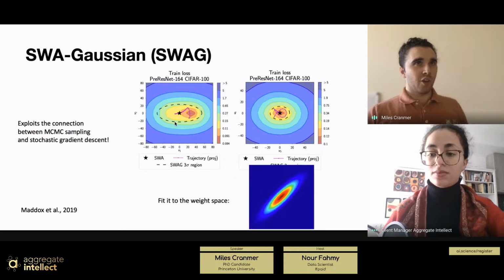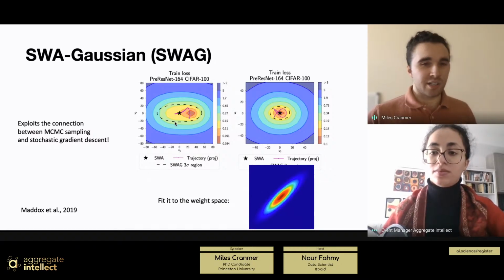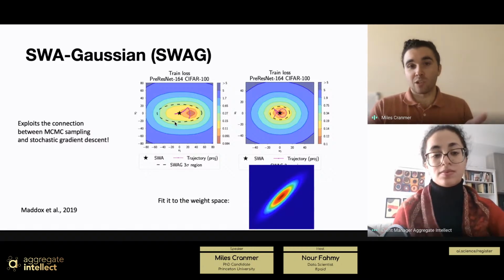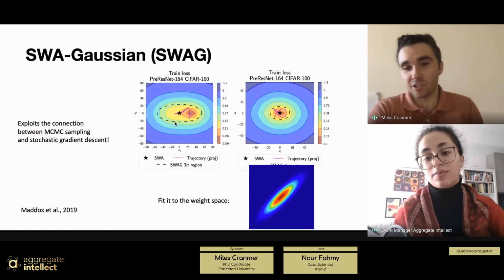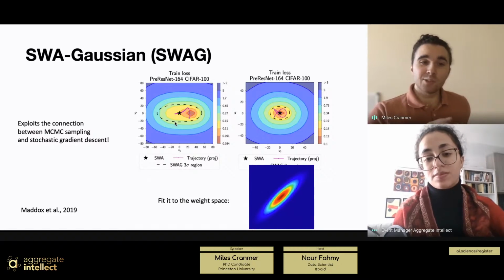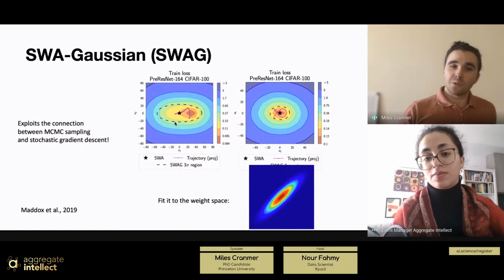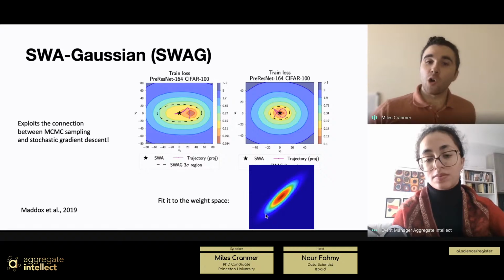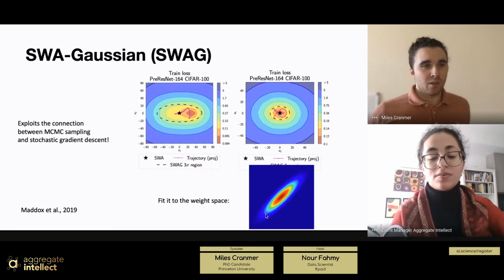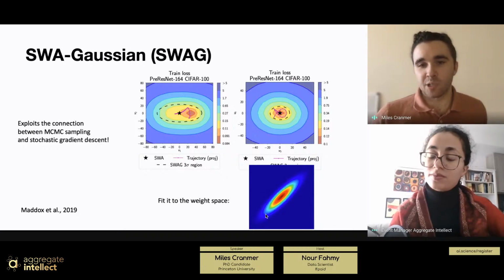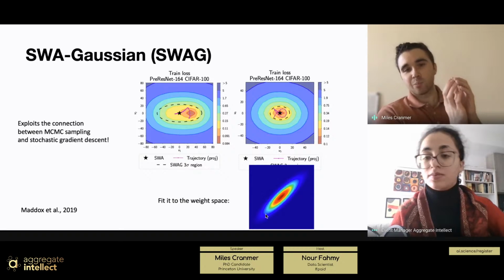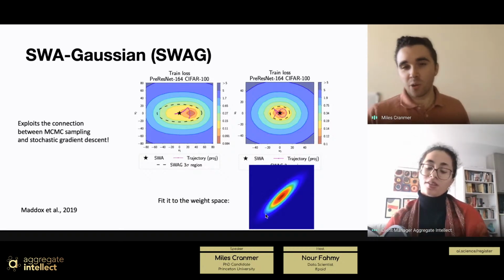Another concern is that this is going to be a huge amount of memory usage if you record like 100 new parameters for every single parameter. But the trick they use in this paper, which is really nice, is you fit a low rank Gaussian. It's a Gaussian with few parameters to describe it. So you're actually modeling the covariance in the parameter space, but you do it with few parameters.